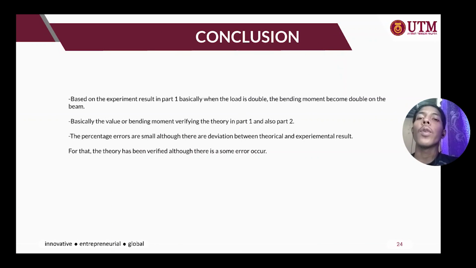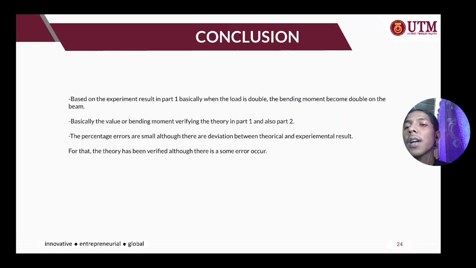We move to the conclusion part. Based on the experiment result in part 1, when the load is doubled, the bending moment becomes double on the beam. The bending moment values verify the theory in part 1 and also part 2.